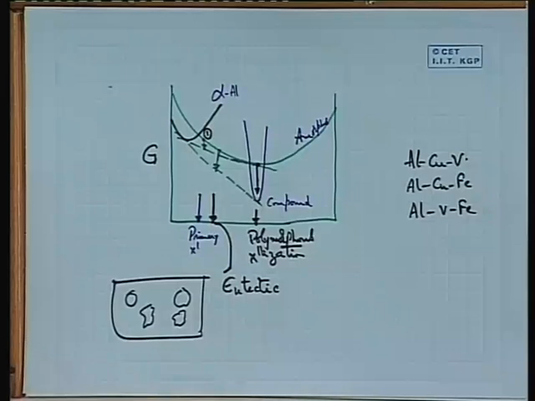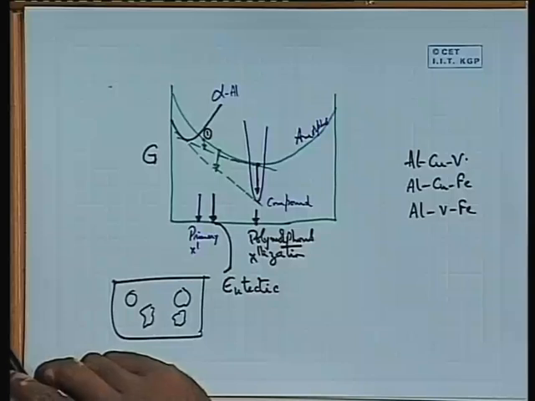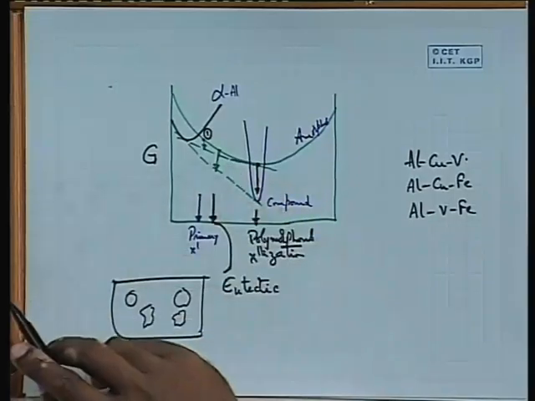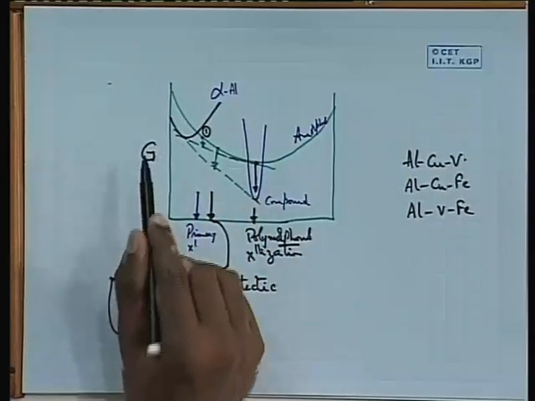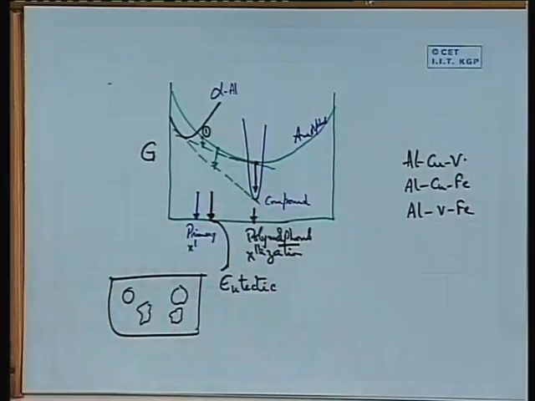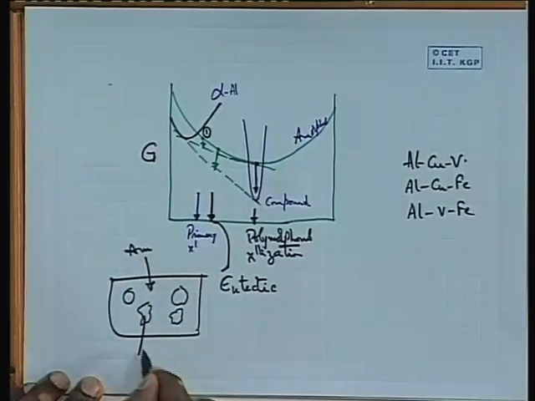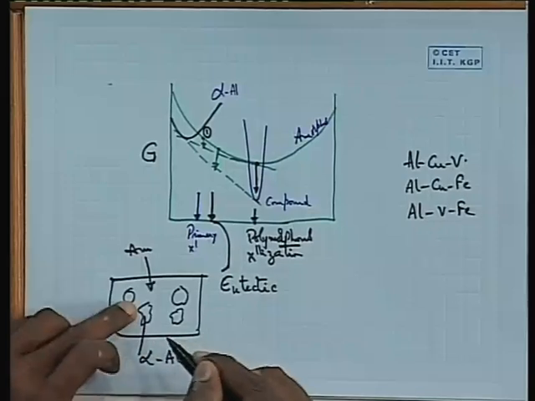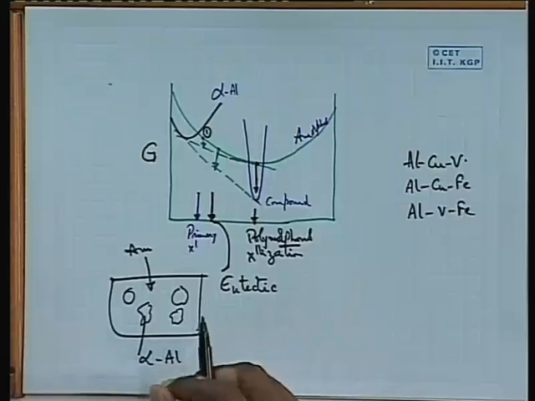In primary crystallization, you have to remember one thing: the moment the alpha aluminum comes out, you can see from this common tangent, you have to draw a tangent between alpha aluminum and an amorphous phase, because there is an amorphous phase which is here, in which the alpha aluminum has come out, and we know the alpha aluminum composition is different from that of the amorphous phase, otherwise we do not call it primary crystallization. What is the meaning of primary crystallization? The primary crystals that are coming out have a different composition than that of the amorphous phase.